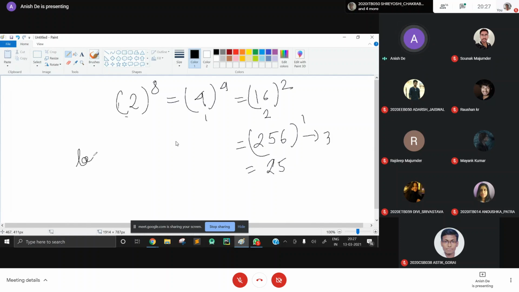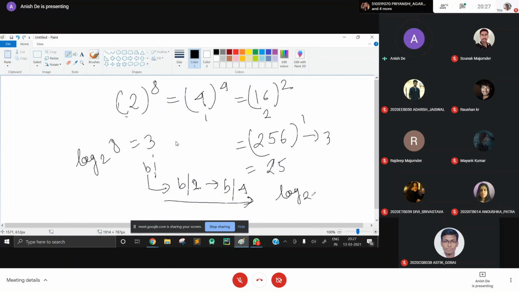So log 2 of 8 is 3, because every time the power is getting halved. If it is b, then it becomes b by 2, then again b by 4. So it's a geometric series, and the number of times will be log to the base 2 of b, because it's getting divided by 2.